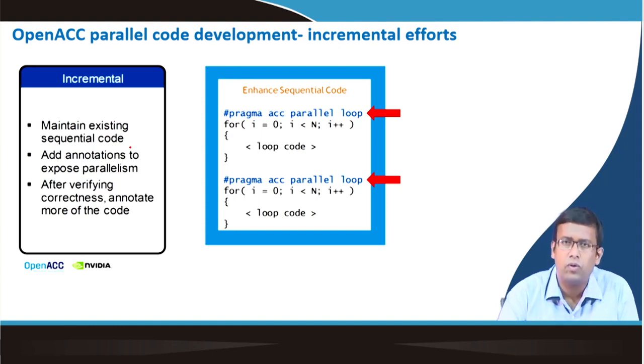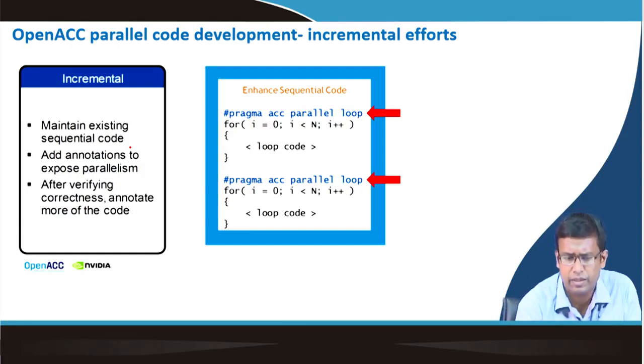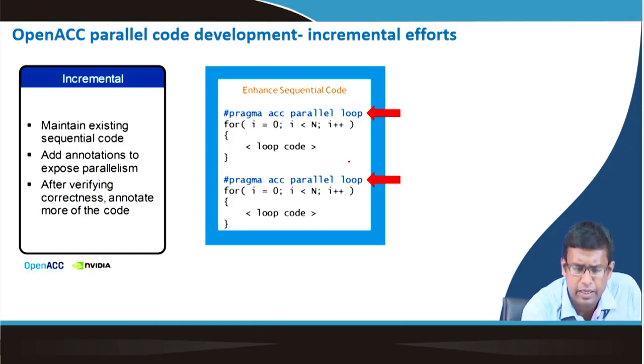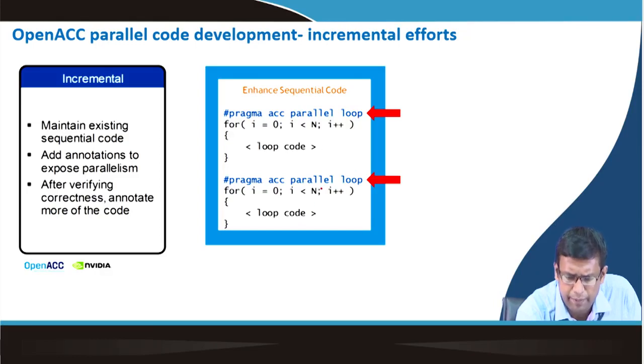So, the efforts, if we see in parallelizing an OpenACC job, there are incremental efforts. You have your older serial code, then you have to put only the OpenACC directives, and then you can add annotations to expose that they are parallelized. Only introducing these directives will parallelize the code.